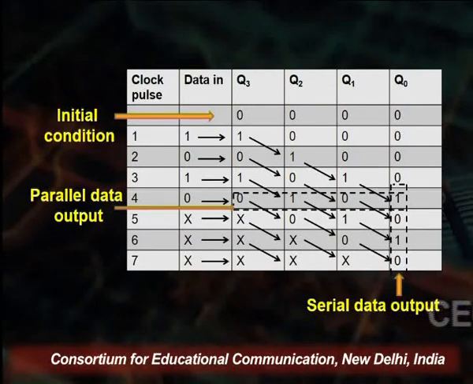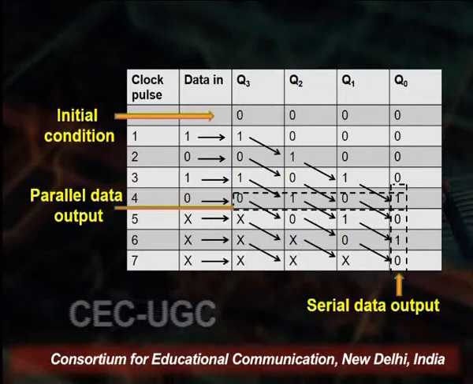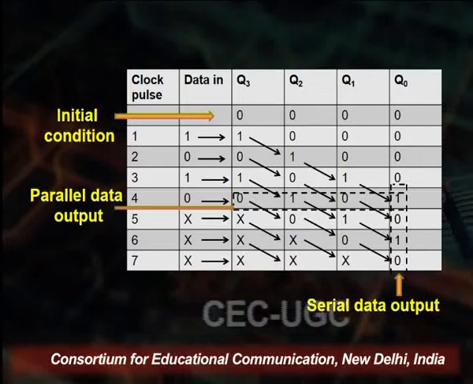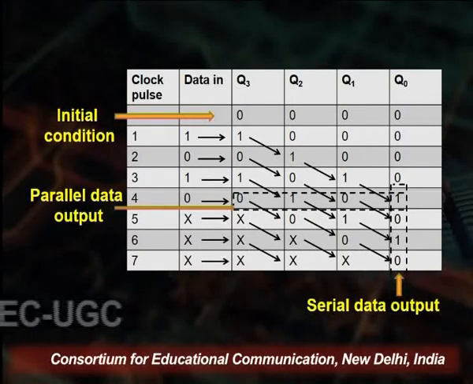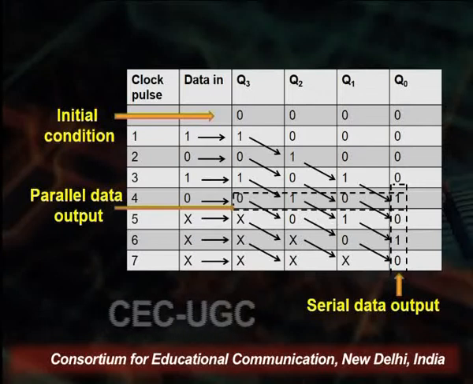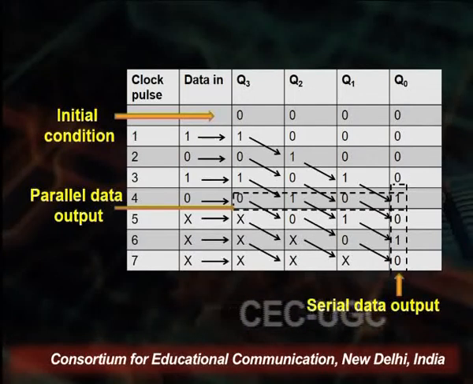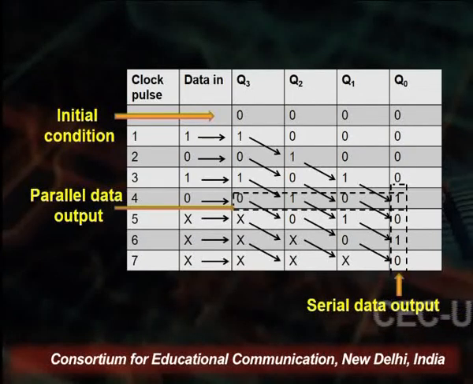So one needs to be very careful. In this particular example, the data and the way it is fed in are mirror images of one another, or rather, the ones complement of one another. Our data is 0101 and the way we feed it is 1010.